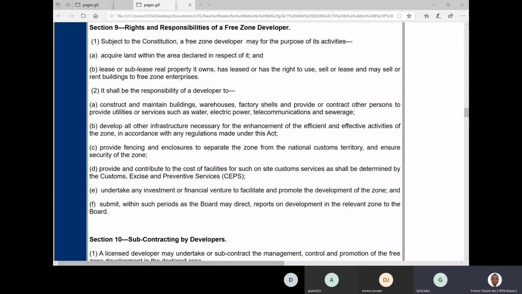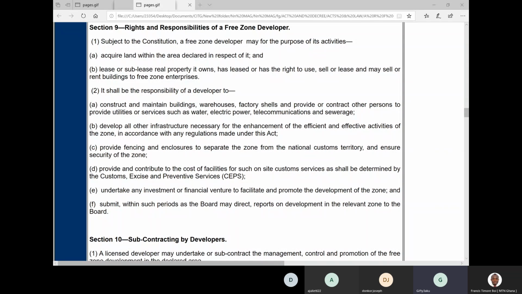Let's read section 10, on subcontractors. Subcontractors by developers. 1. A licensed developer may undertake or subcontract the management, control, and promotion of the free zone development in the declared area. 2.